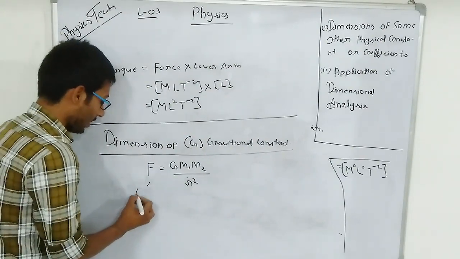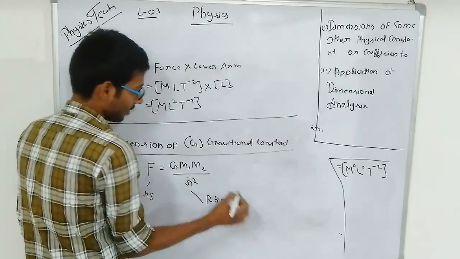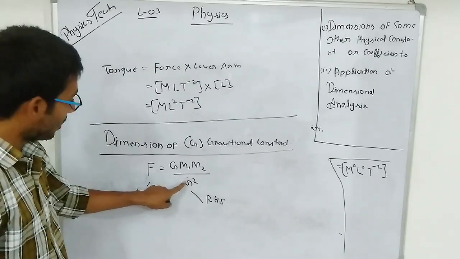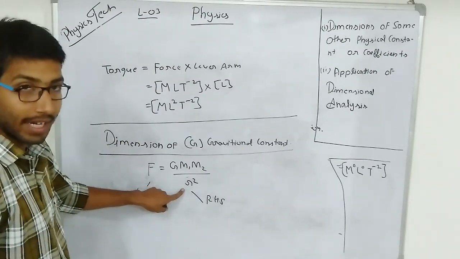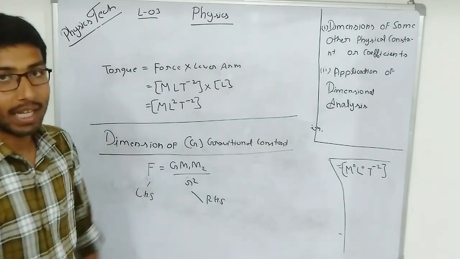This is its LHS and RHS. We can see in RHS r square is in the denominator, so in LHS it converts into multiplication.